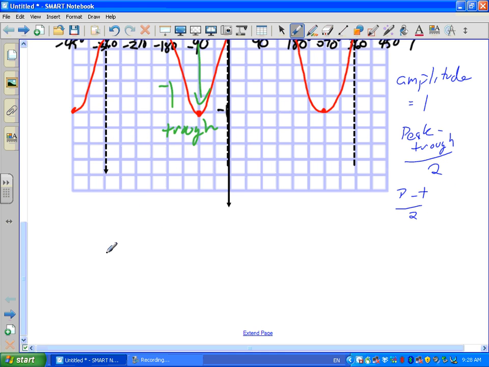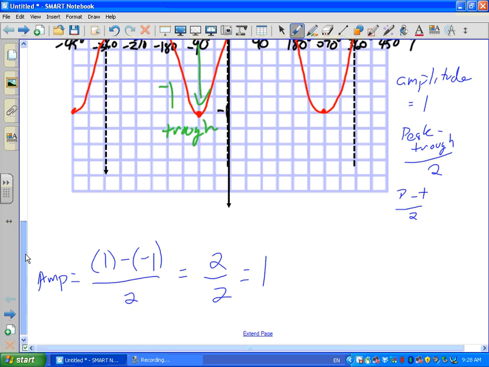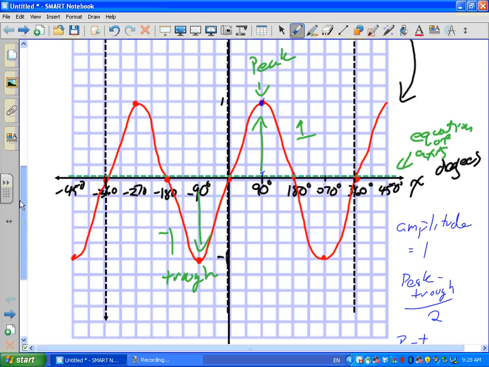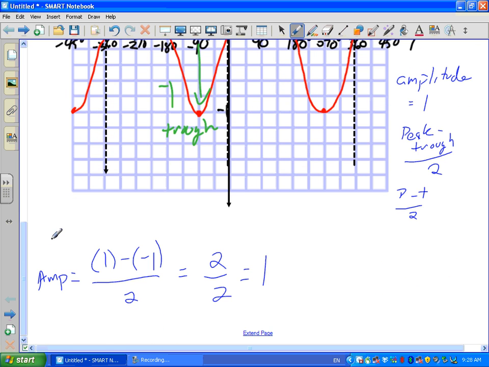So our peak was at 1, and our trough was negative 1. And the equation tells us to subtract these numbers and then divide them by 2. 1 subtract negative 1 is going to give us 2. Divided by 2, amplitude is 1, okay? Consider that your idea of amplitude. Take the top and the bottom, subtract them, and divide by 2. It'll always give you your amplitude.